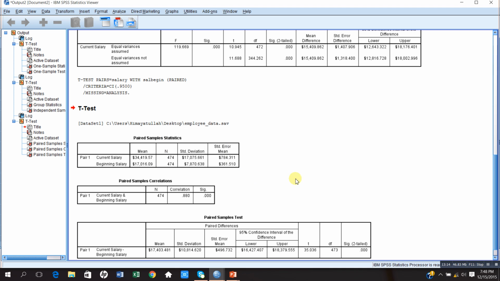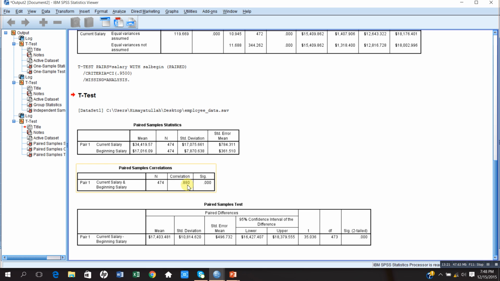This is the paired sample t-test output, computed by SPSS for me, and there are basically three tables. The first table gives us the comparison of the sample statistics for current salary and beginning salary: these are the average values, the number of observations, the standard deviations, and the standard errors of the means.